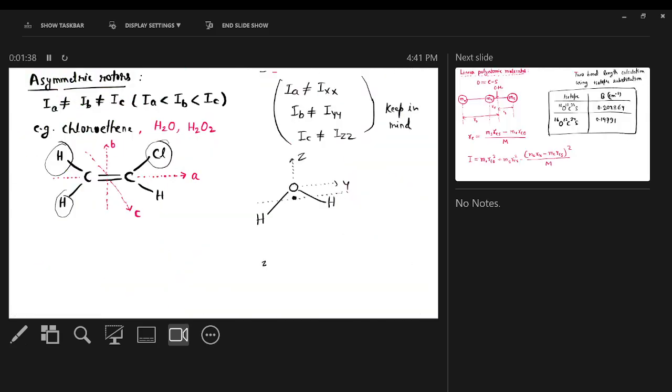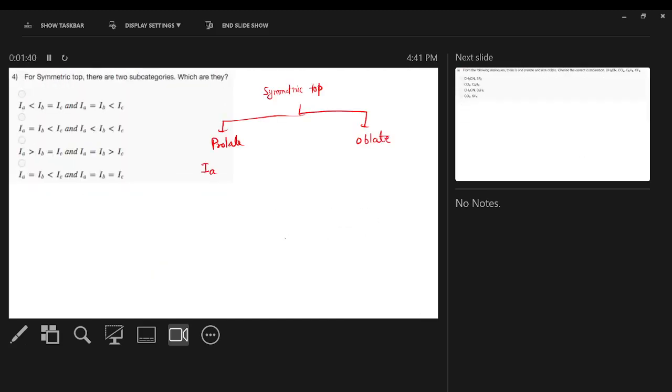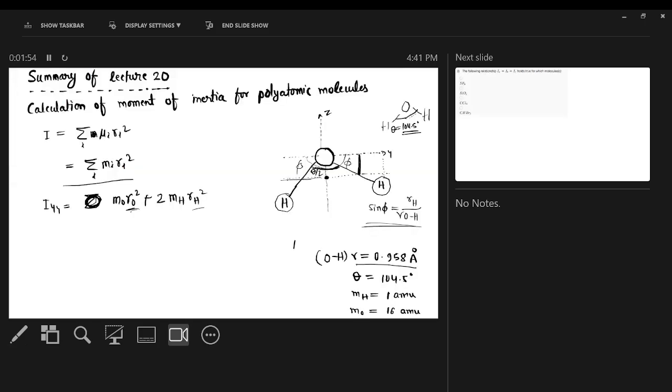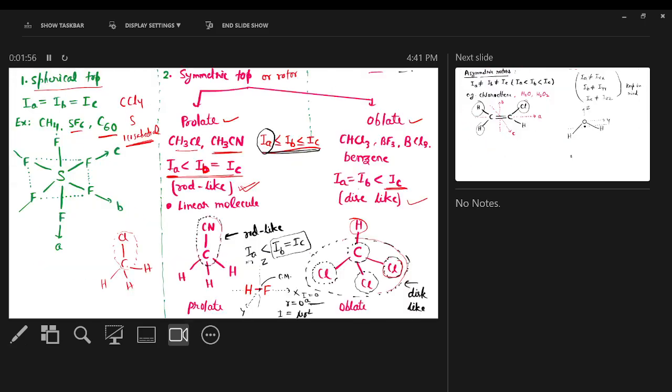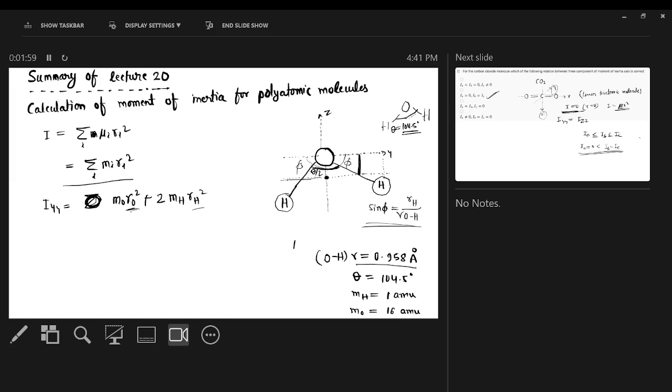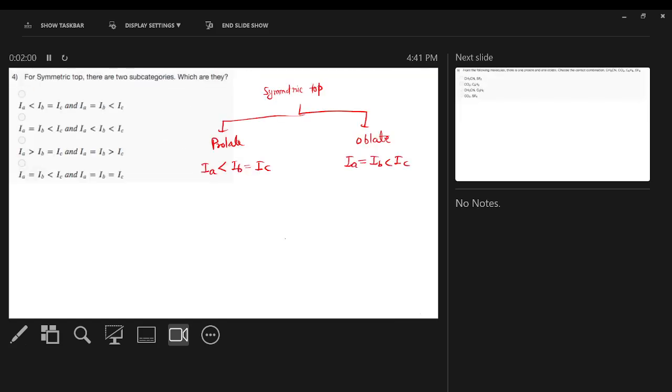These are the conditions: IA less than or equal to IB equal to IC, and IA equal to IB less than or equal to IC. These are the two conditions. So based on this, which one is the correct option? The first one.